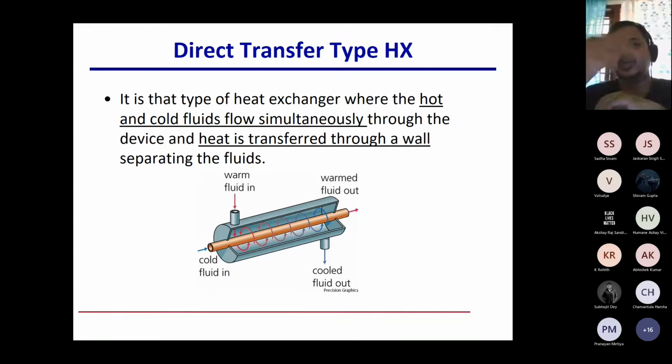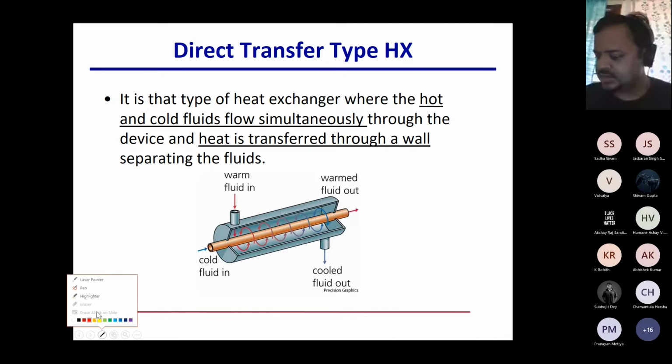The hot fluid, which is in the outer shell, loses heat to the cold fluid flowing through the inner tube. As a result, the hot fluid, by the time it comes out, becomes cooled, and the cold fluid, when it comes out, because it has absorbed heat from the hot stream, becomes hotter. Is that clear? Any question?